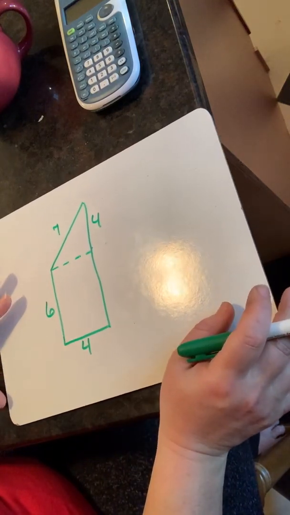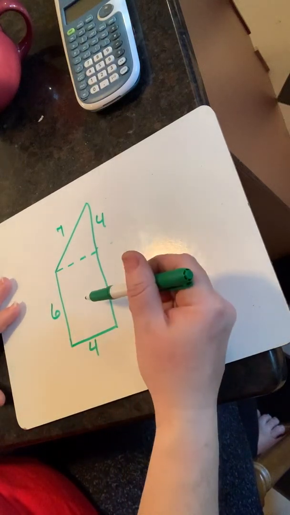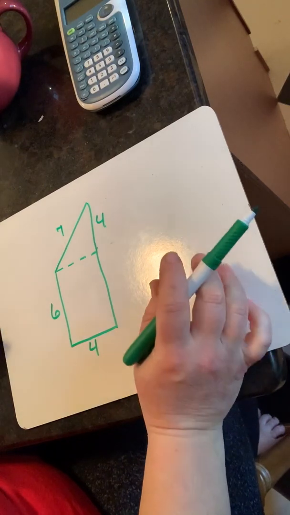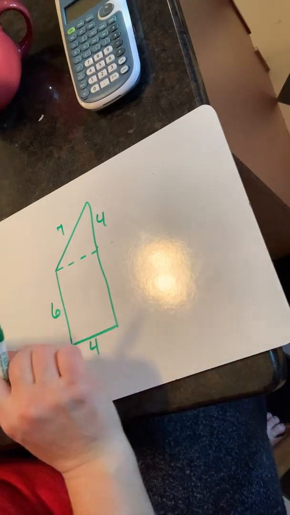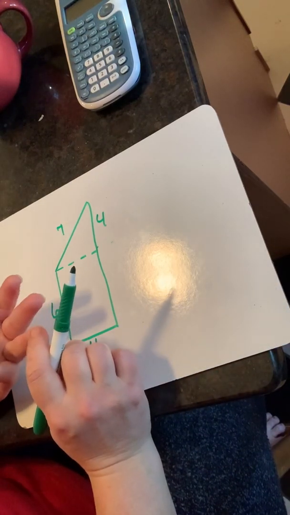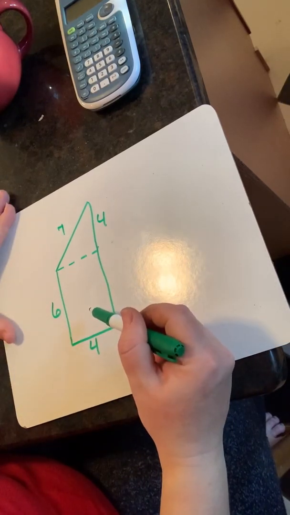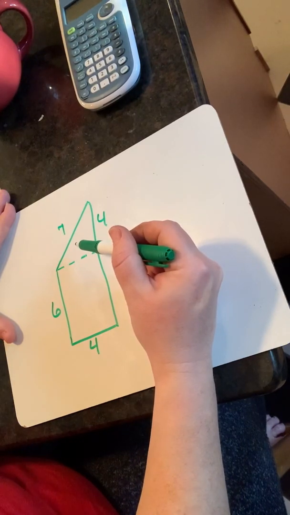If I draw that line, I'm splitting up this trapezoid into a rectangle and a triangle. And with those two bits of information, I can figure out the area of my shape, the perimeter of my shape, the volume of my shape, because I can find those things for my rectangle and I can find those things for my triangle.